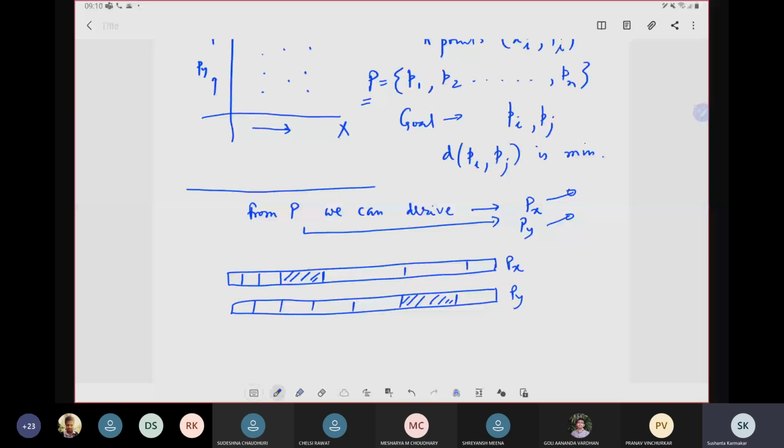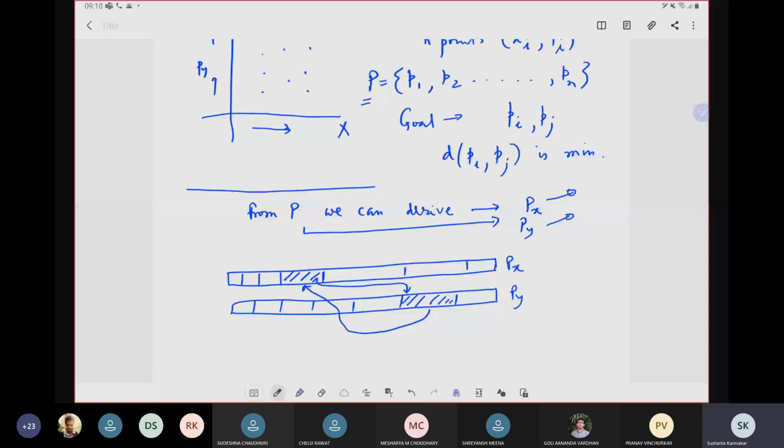Similarly, this will have a pointer indicating this is present here. That means for every element in Px, I know what its position is in the array Py, and vice versa.